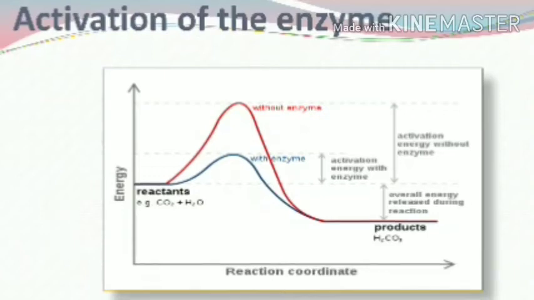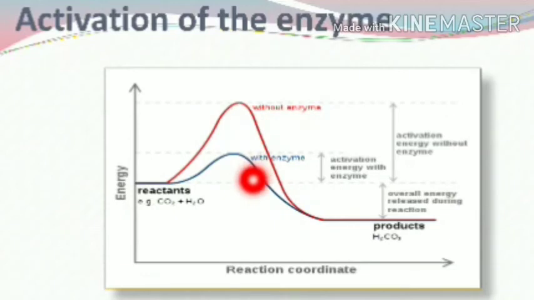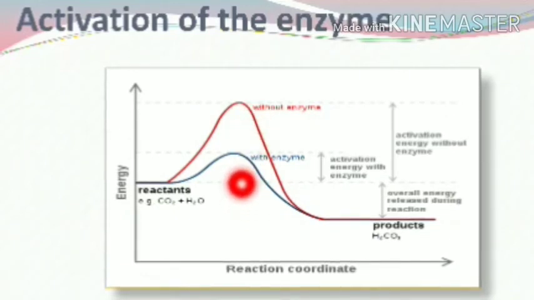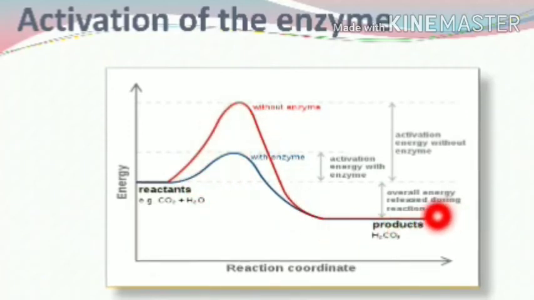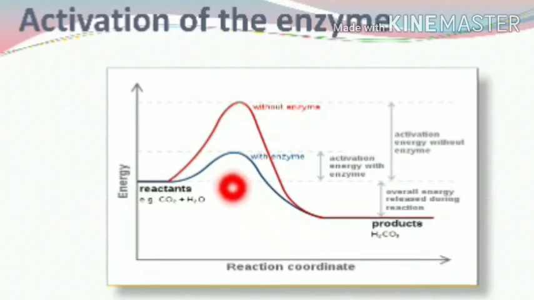Let us discuss briefly with the help of a graph. In the graph, you are visualizing two peaks. One is in red color and another one is in blue color. The red color peak indicates the reaction without enzyme, and the blue color peak indicates the reaction with enzyme.